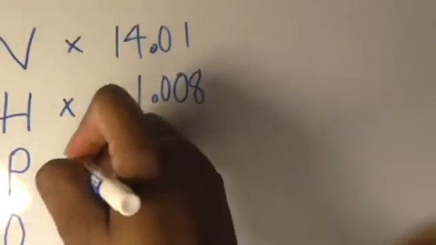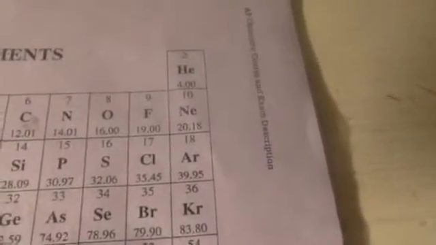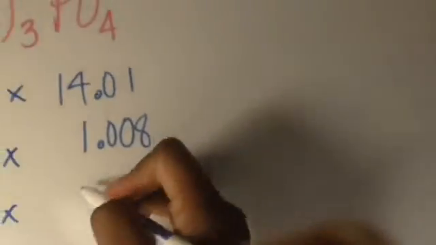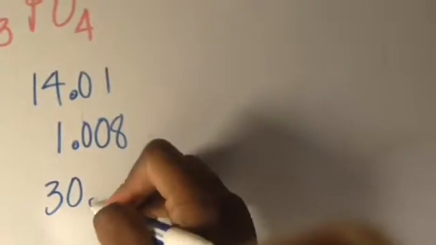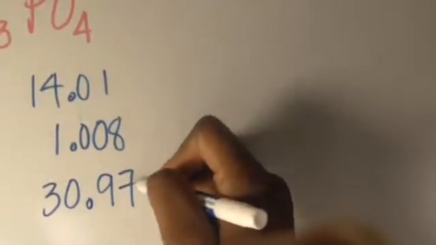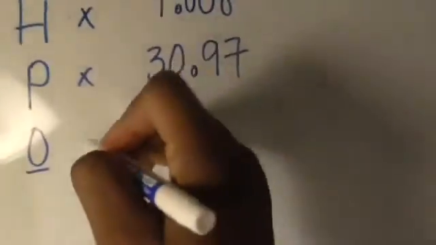And I'll make those dots just a little bit bigger for you guys at home. And then phosphorus, if I look carefully there, it's 30.97. And then for oxygen, it's 16.